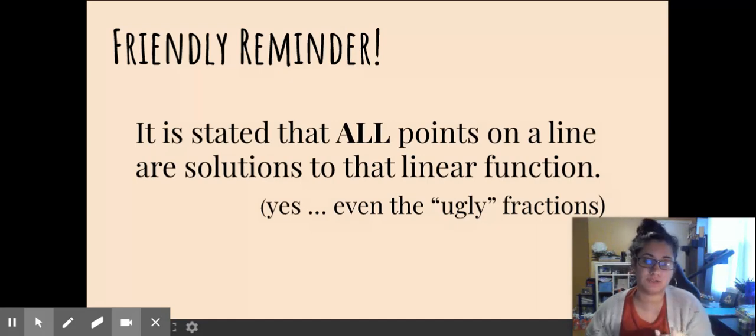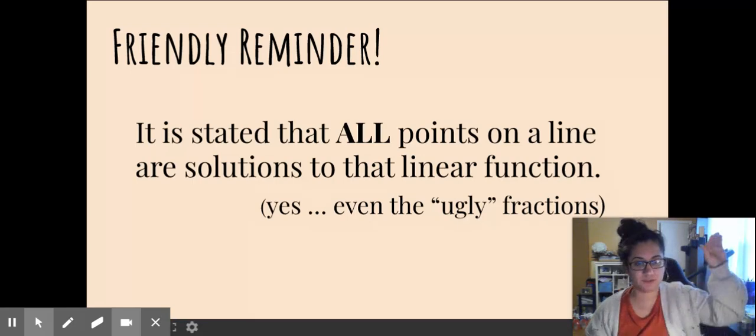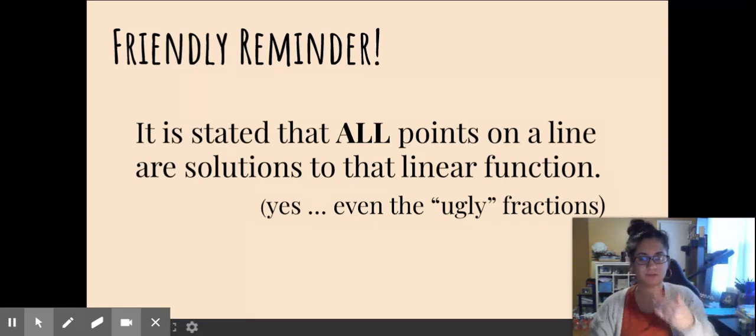We talked about solutions a lot when we talked about inequalities last week, and we had solutions that were on the line or solutions that were in the shaded areas. This is just your friendly reminder that every point on that line is a solution to that function, no matter how ugly the decimal or fraction is.